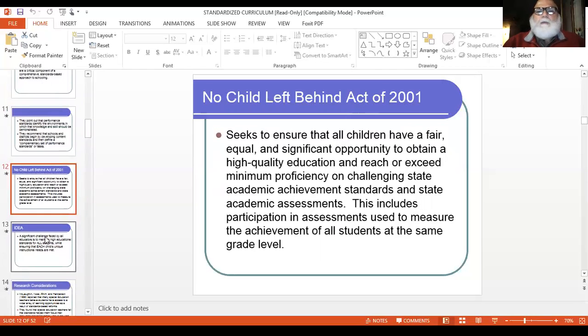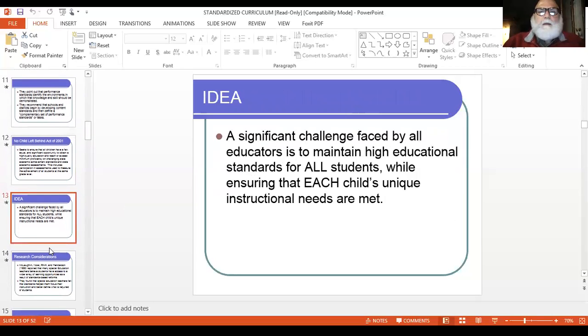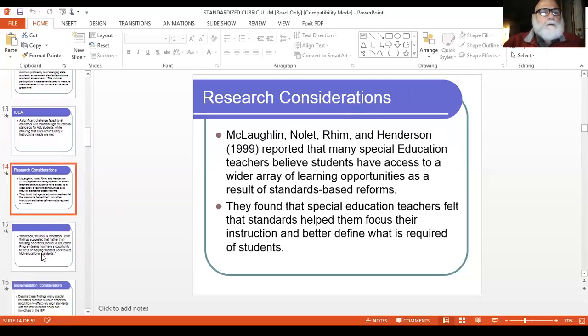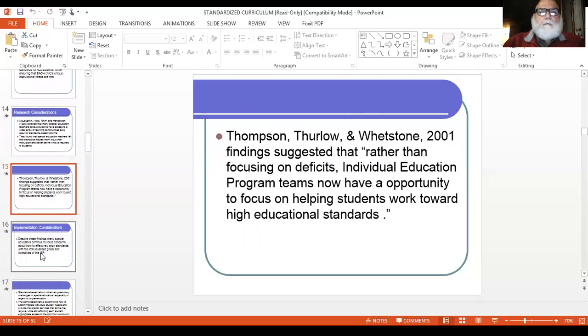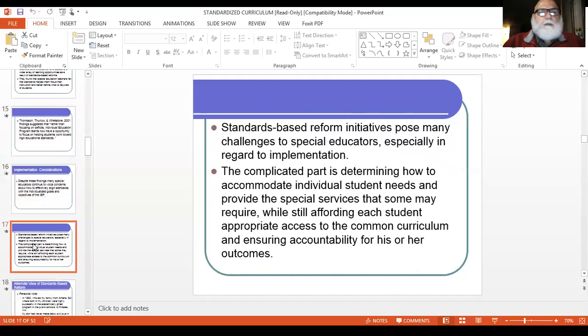Okay, No Child Left Behind said that every child had to have a fair, equal, and significant opportunity to obtain a high-quality education. And then we had IDEA for special ed kids. We thought this would help, especially EC kids, but then we found that standards-based reform posed challenges to special educators.